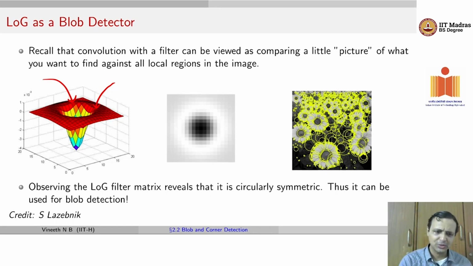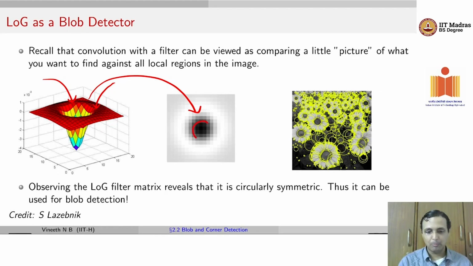So now if you try to visualize this as an image, if you took a Laplacian of Gaussian filter, a 3 by 3 may be too small. Let's say you expand it, take a larger neighborhood. Let's say you take a 7 by 7 Laplacian of Gaussian filter or 11 by 11 Laplacian of Gaussian filter. You would find that the filter itself, remember that's also a matrix that can be visualized as an image, would look something like this.